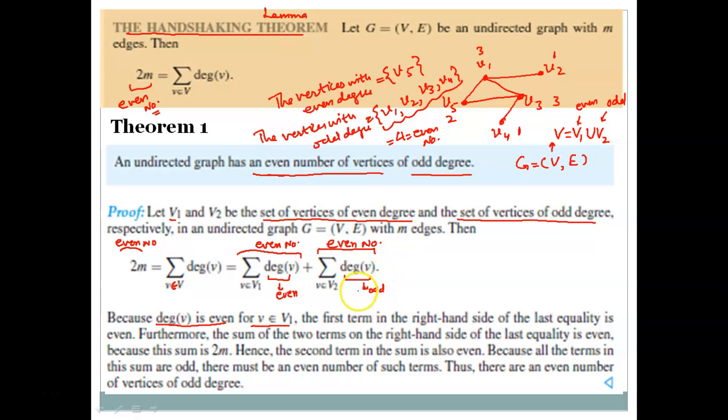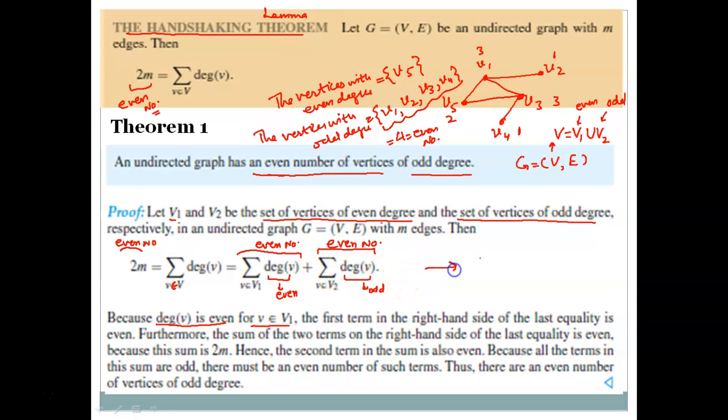So how many times should you add an odd number so that you obtain an even number in total? So definitely an odd number should be added an even number of times, only then we can obtain an even number.